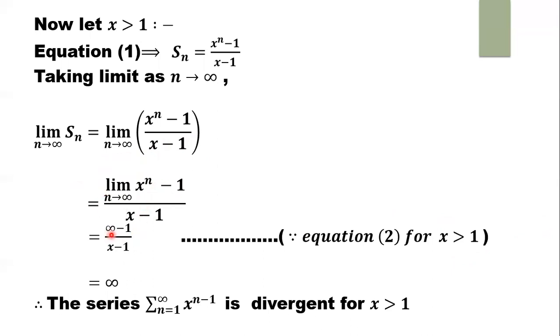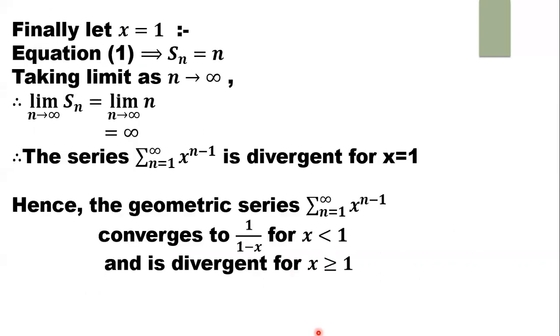So put infinity minus 1 upon x minus 1. We know that infinity minus 1 is infinity, and infinity upon x minus 1 is again infinity. So this whole term gives the value infinity. Therefore, the series summation n equal to 1 to infinity x raised to n minus 1 is divergent for x greater than 1. This was the second case. Here we get the value infinity, that is, divergent.